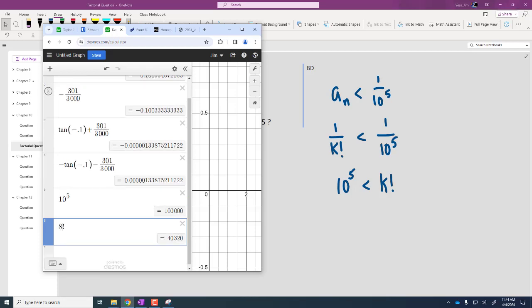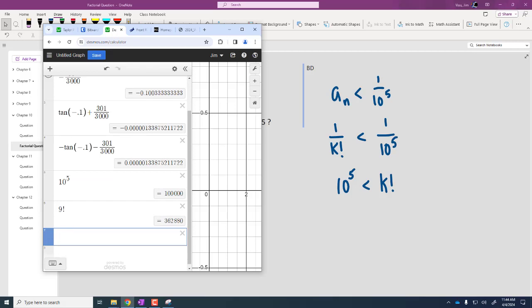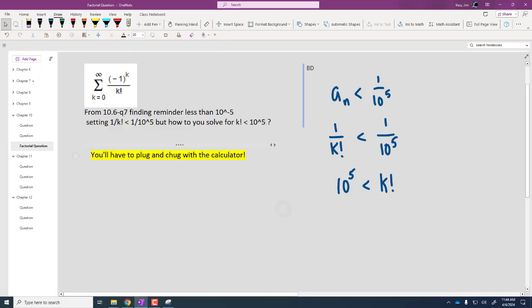So we're not there yet. So we go to 9. And there. 9 is the first integer that works. So this tells us that k has to be 9. That is the first term that works.